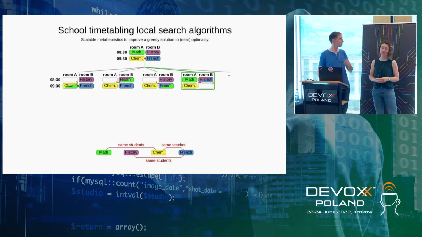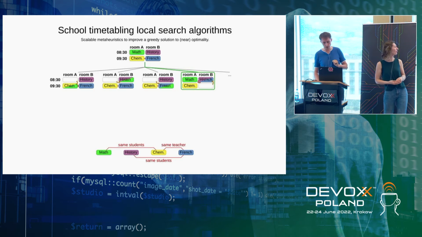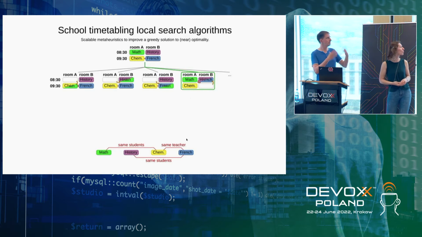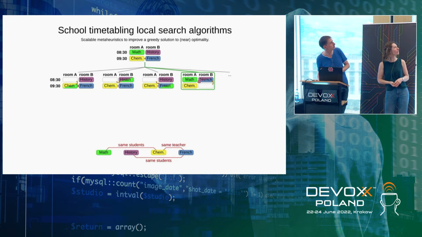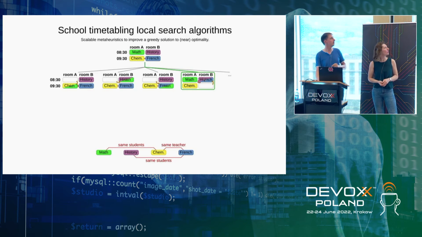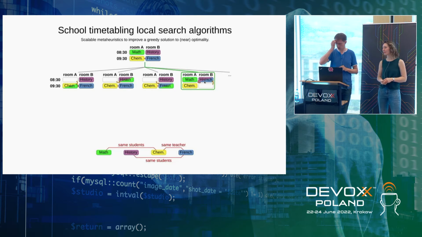But in this case, we'll just take that one because it does worsen the solution, or it actually doesn't worsen the solution, but doesn't make it better. Actually, it does worse because we have 2 lessons at the same time in the same room, and we also have, as you can see here clearly, history and French taught both by the same teacher. It's just 2 lessons at the same time problem, right?